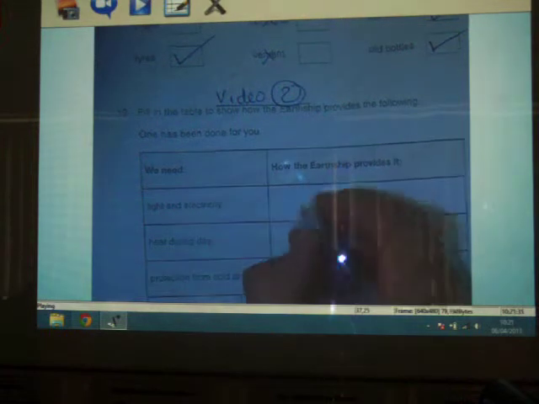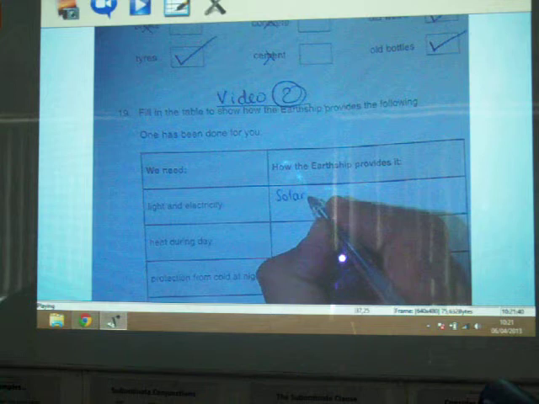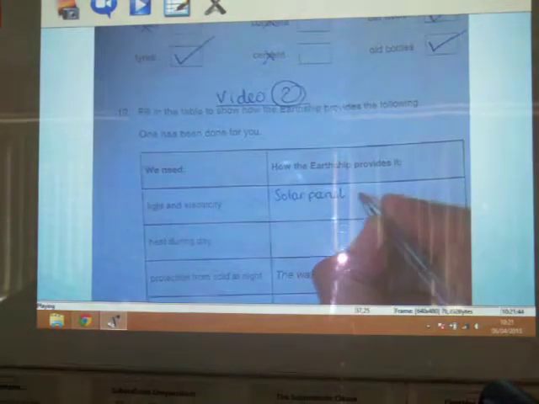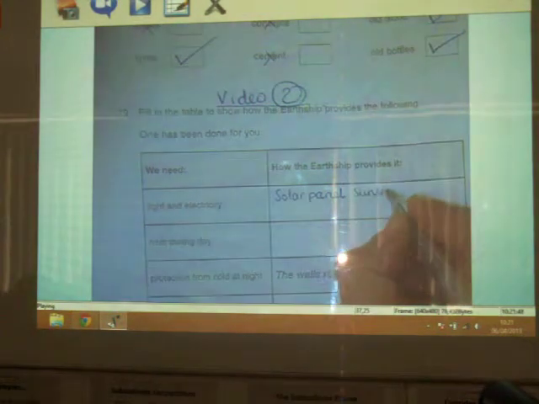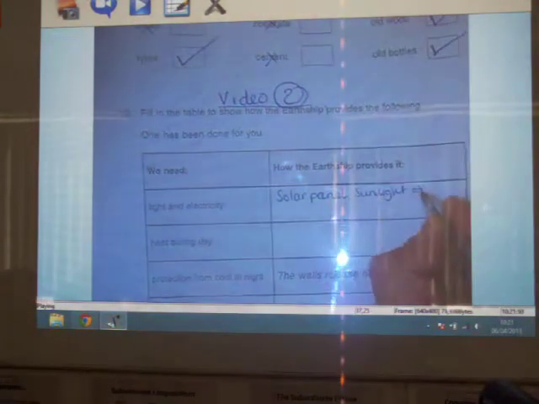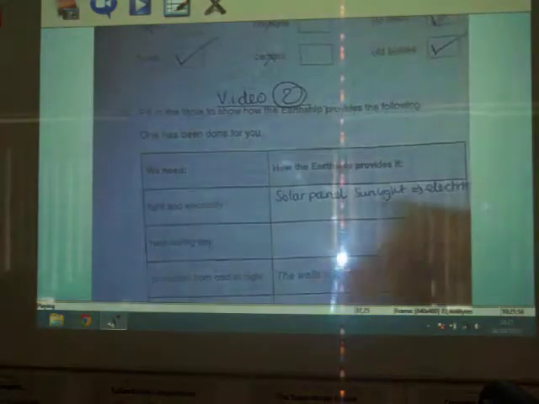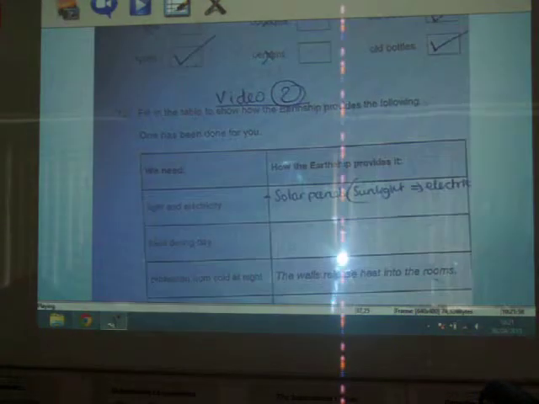Solar panels. They're using solar panels. So they're using sunlight to change into electricity.